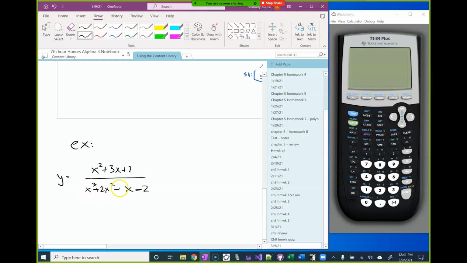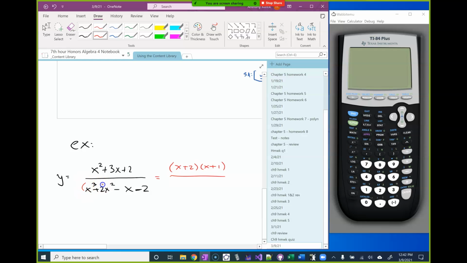Okay, so I'd start by factoring. The numerator, easy to factor, right? Multiplies to 2, adds to give 3, that's 2 and 1. Good with that? Denominator, we'll factor that by grouping. From the first group, I can take out an x squared.